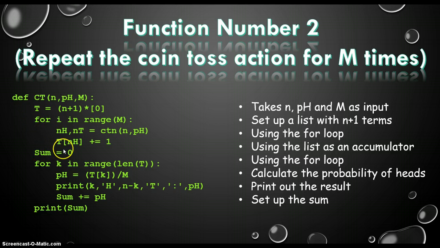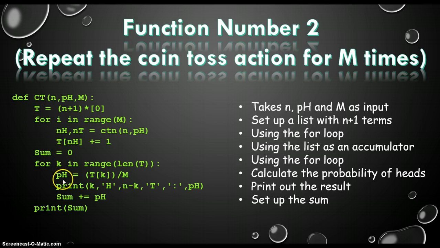And I set up a sum equal to 0 here. I use the for loop to go through the loop for the length of the list here, because I want to go through all of the combinations and calculate the probability of getting that combination when I do the experiment 1000 times.